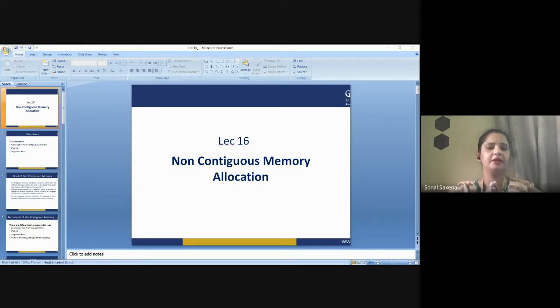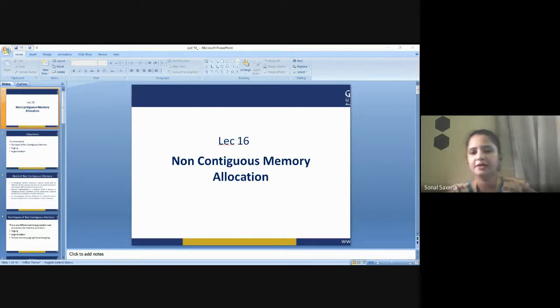Wherever memory is available, wherever the operating system finds the memory, it will try to accommodate that memory space for you. It is not always possible to give you memory in a consecutive manner. However, there is a pointer which will always point to the next data available at some particular memory location. This is exactly what we are going to do in the second part of memory allocation, which is called non-contiguous memory allocation.